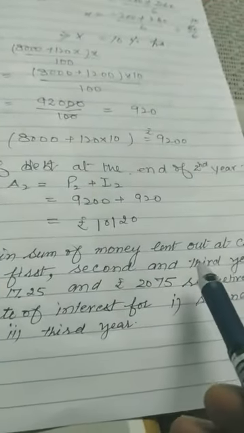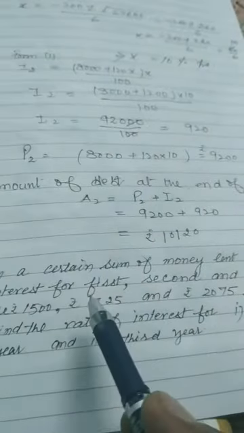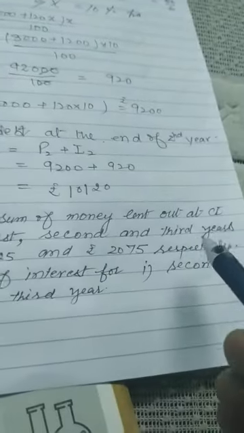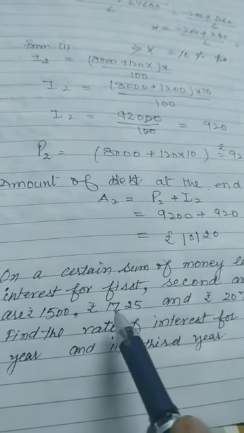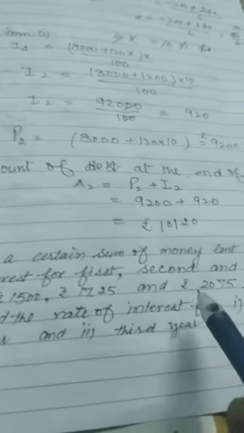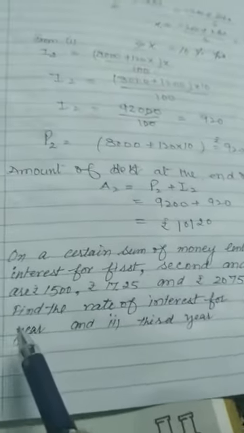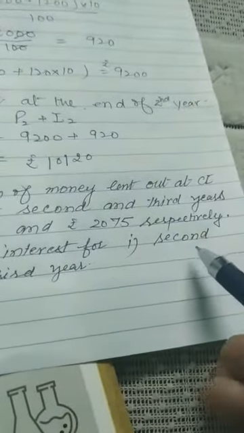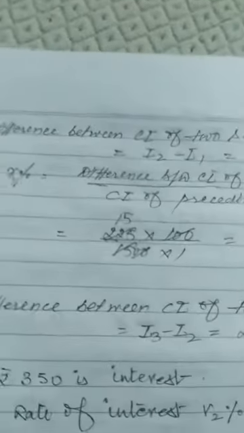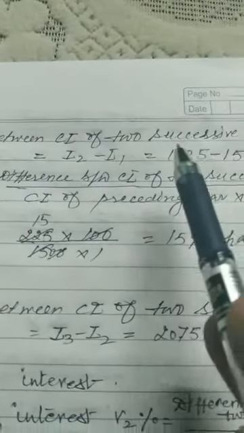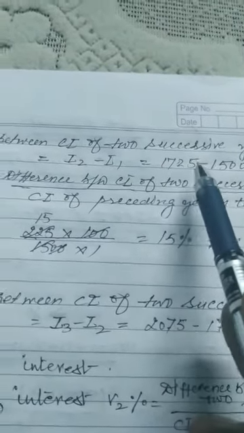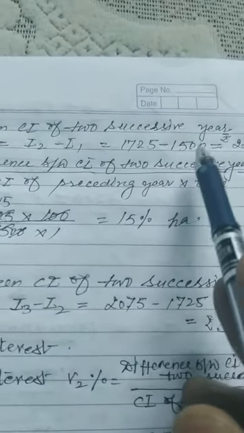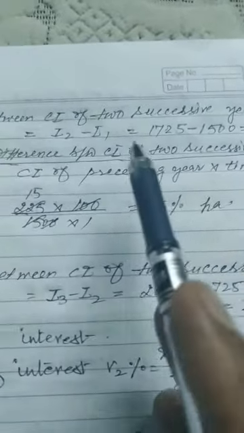On a certain sum of money lent out at compound interest, the interests for the first, second and third years are rupees 1,500, 1,725 and 2,075 respectively. Find the rate of interest for the second year and third year. The difference between compound interest of successive years, I2 minus I1 equal to 1,725 minus 1,500 equal to 225.